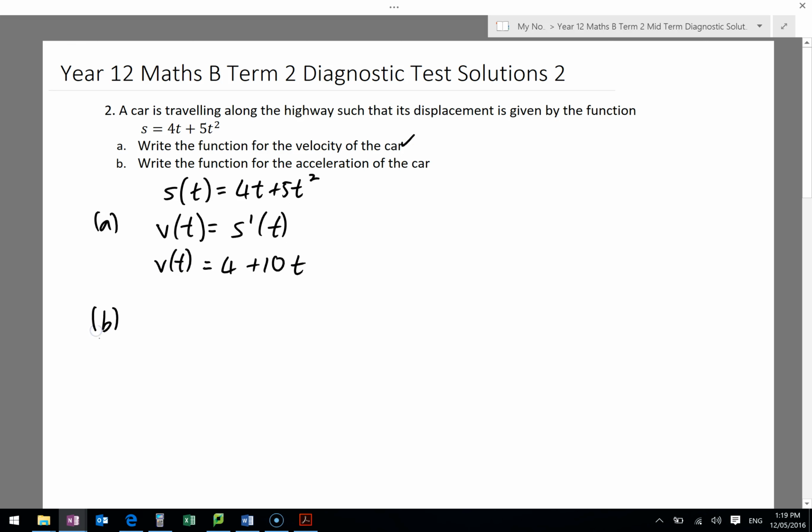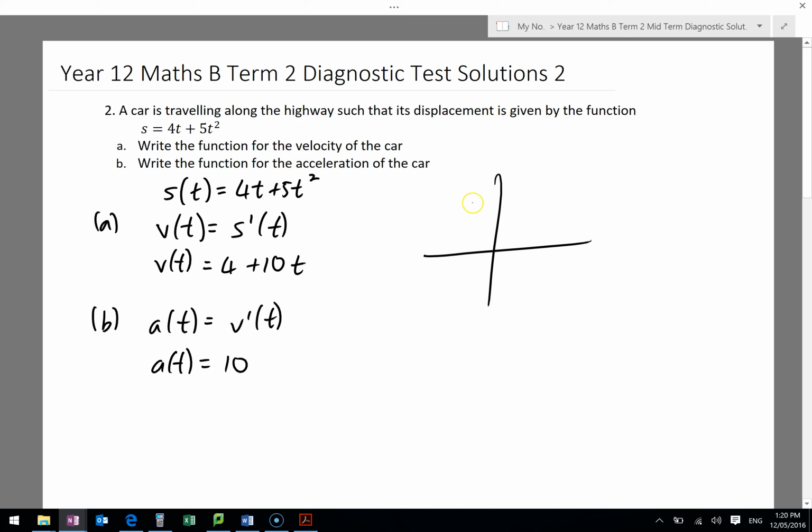Part B, write the function for the acceleration of the car. I know that the acceleration is the derivative of the velocity. Differentiate the velocity function, 10. The acceleration is always 10 in this scenario, regardless of what the time is. You could draw the 3 graphs, see what they look like.